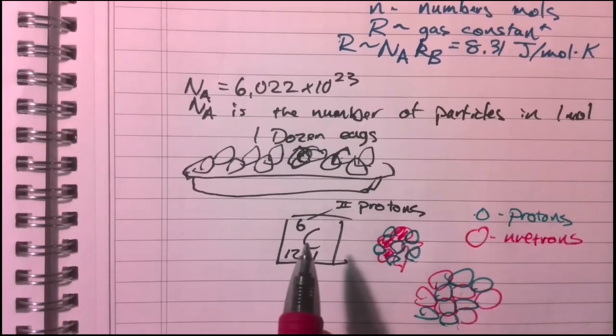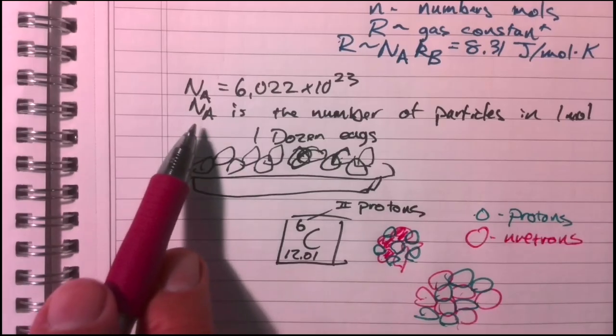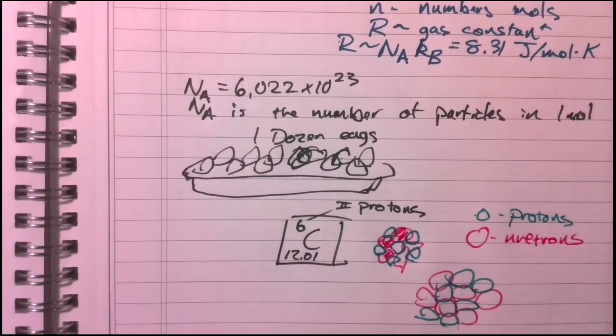And the mass of a proton and a neutron is about the same. So this number here, 12.01, is the bridge between the microscopic and the macroscopic. Avogadro's number is the bridge between the macroscopic and the microscopic.